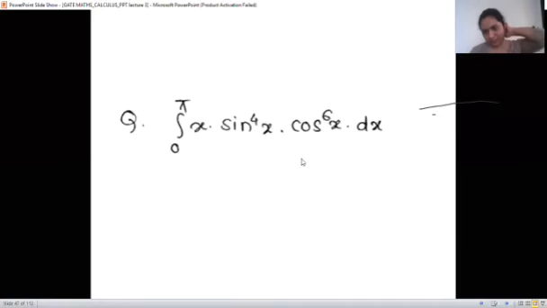Shall we solve this? Forget x, don't take x. Just write integration 0 to pi of sine raised to 4 x into cos raised to 6 x dx. I think x is not there.